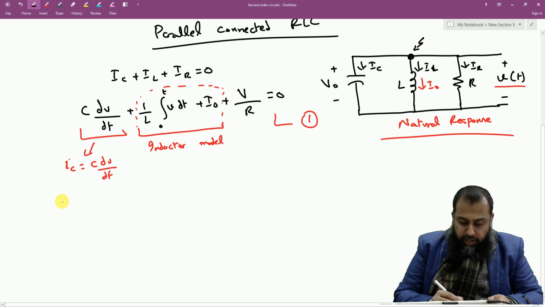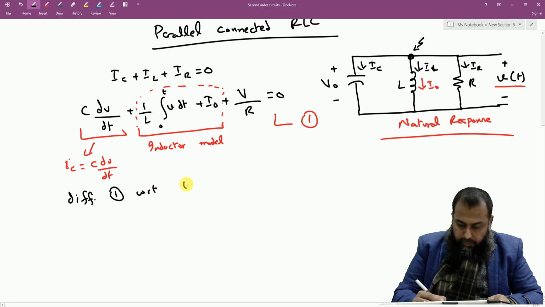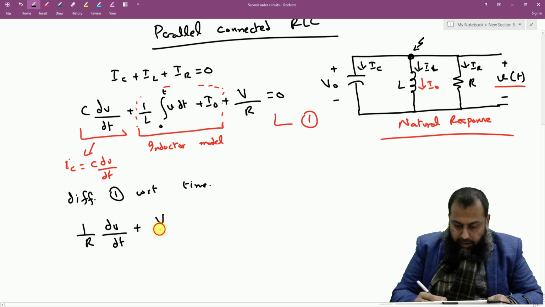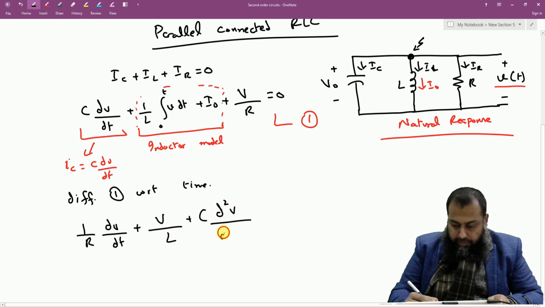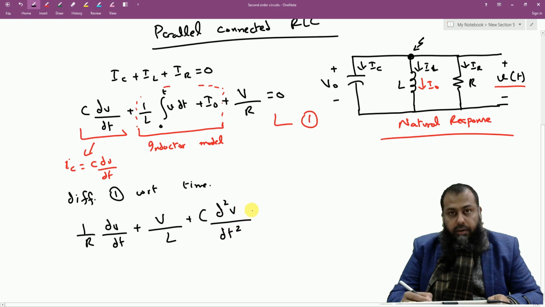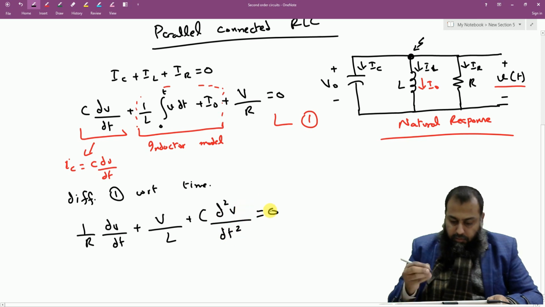Now if I differentiate it with respect to time, we get (1/R) dV/dt plus V/L plus C d²V/dt², and that is equal to 0.